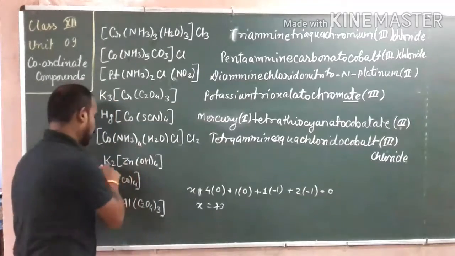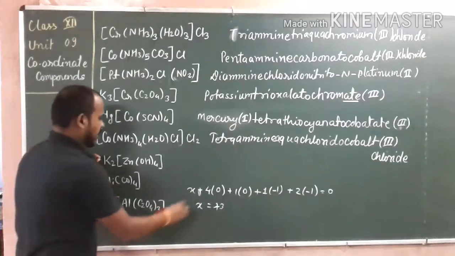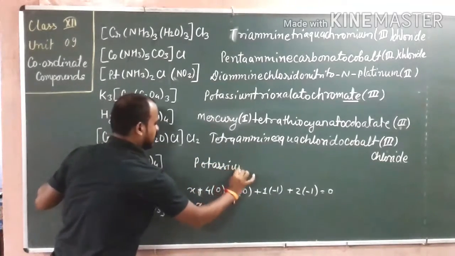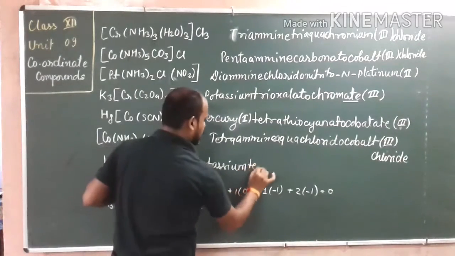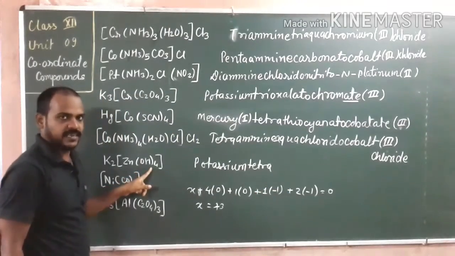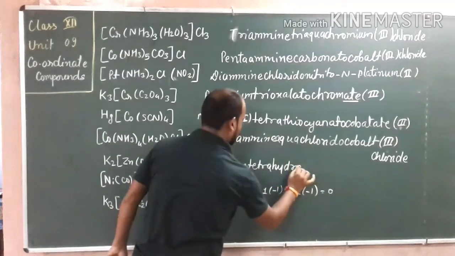After that the name of the next compound, K2[Zn(OH)4]. Here first the name of the cation, that is potassium. After that the number of ligands, since it is 4, so it is tetra. OH is hydroxide, so the name will be hydroxido.